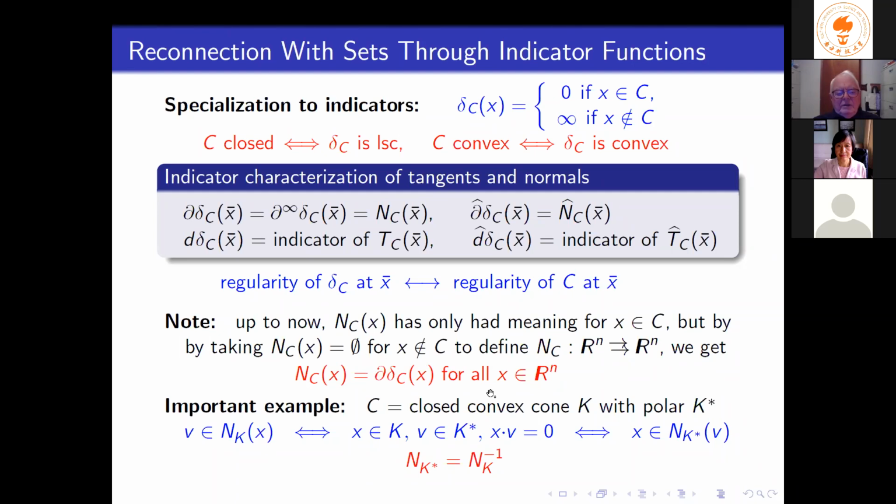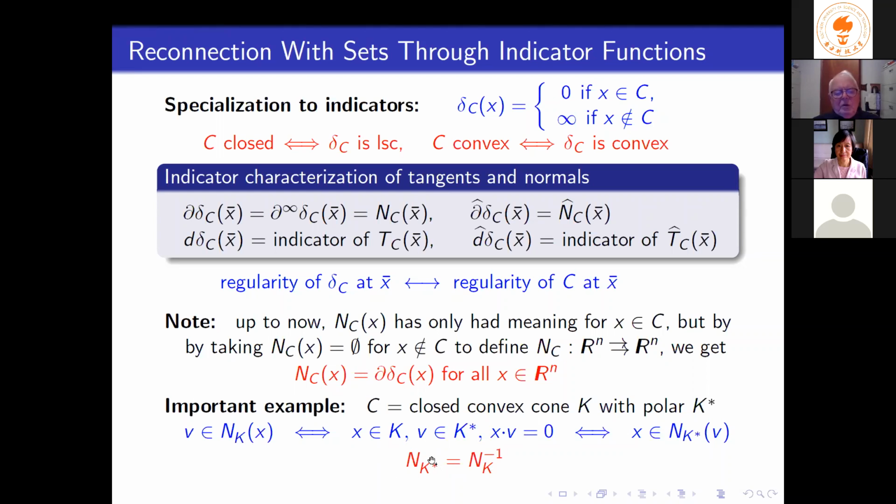And this has some really important and valuable examples. For instance, if the set is a closed convex cone K, then there's this duality in here.